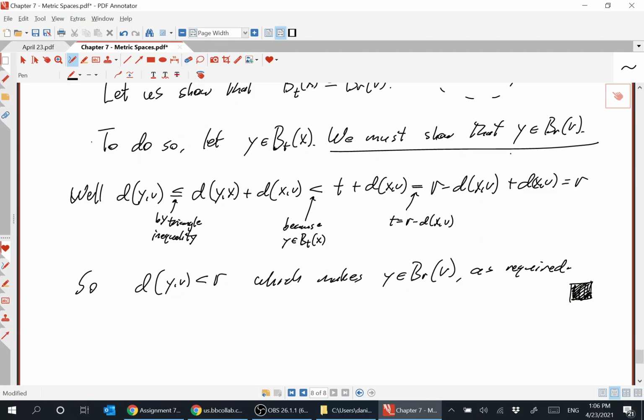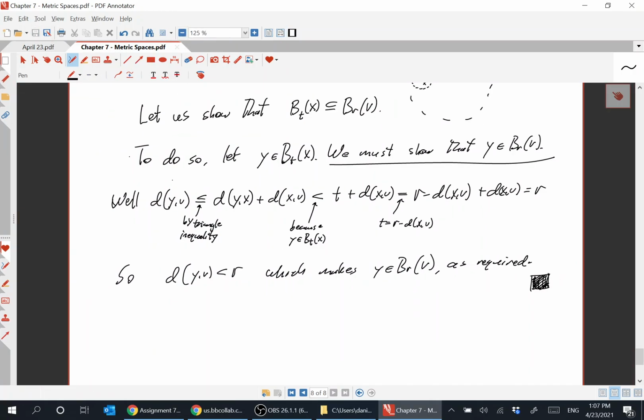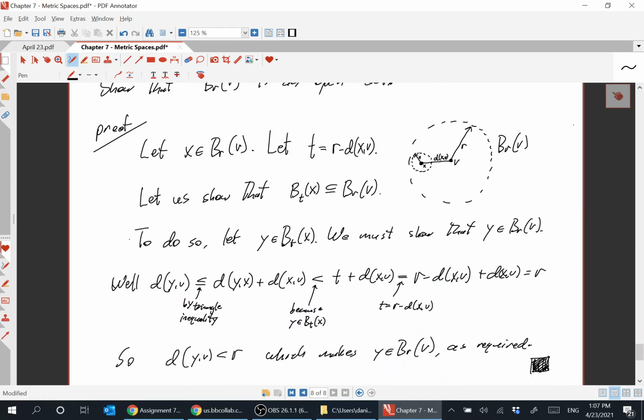So the triangle inequality gets a lot of play. It gets a lot of screen time. So we showed that this B is an open set. We took an element of the ball B, defined a radius T around X, and showed that the ball of radius T around X stays in B. We had to be careful about exactly what we mean by B and by radius, but we did it.